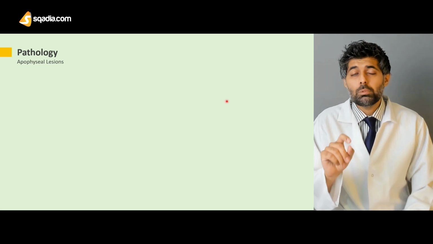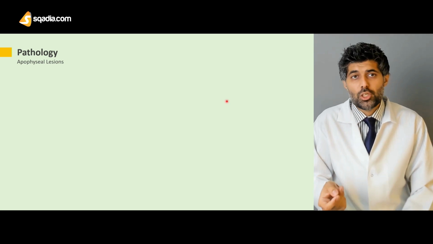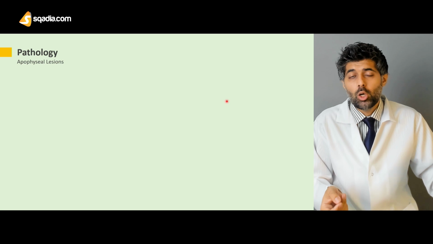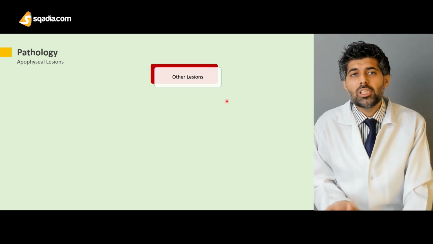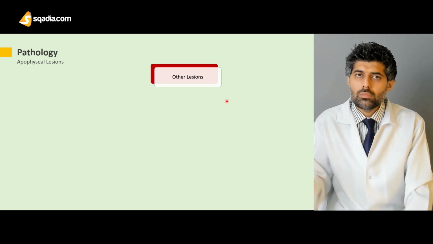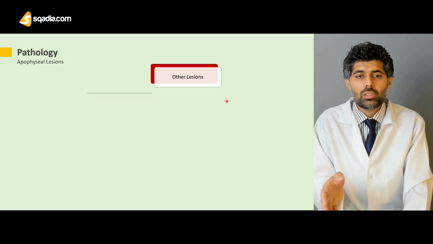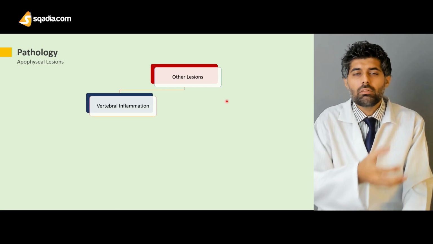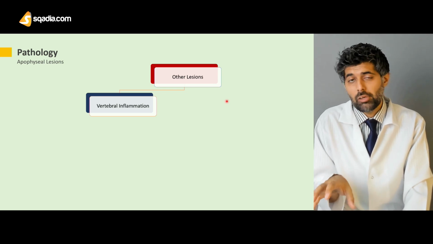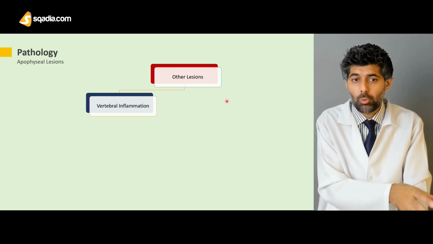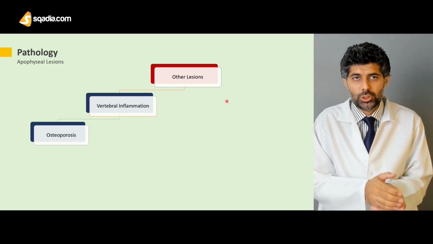Now, these apophyseal joints sometimes show inflammation along with the inflammation of the vertebral disc. Now, this results in lesions which are separate from the main lesions, resulting in vertebral inflammation, the whole vertebral inflammation, not just the vertebral body, which then again results in osteoporosis.